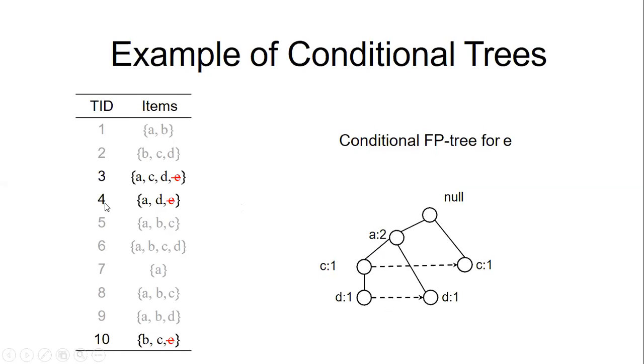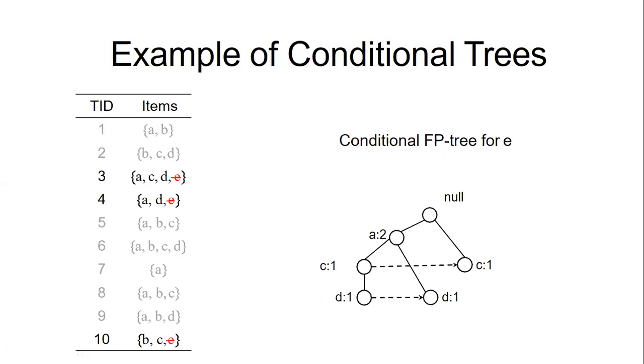But for the conditional FP tree for E, we have the prefix paths, only 3 branches. Yes or no? In those 3 transactions, only 2 contain A. That means the count of A should be 2. If I take 8 here, then it would be for the entire transaction. But I am just considering with respect to E. So here A is equal to 2.